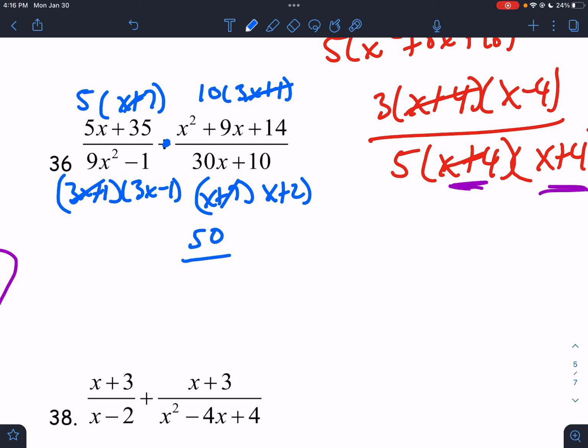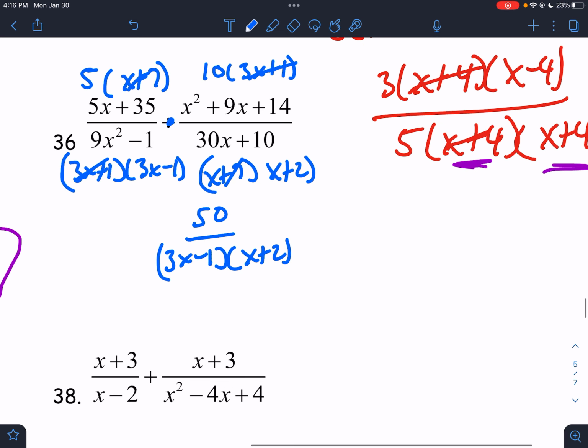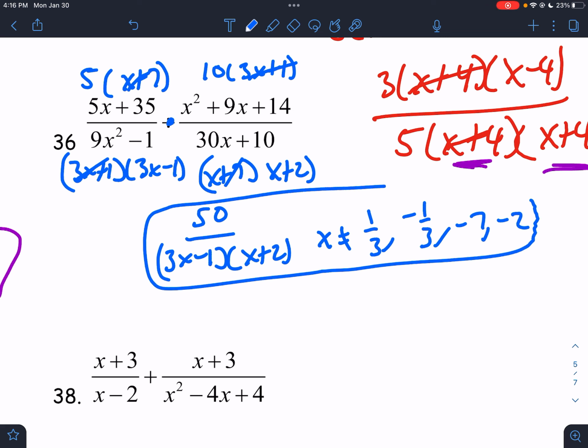And on bottom we have (3x minus 1) and (x plus 2). I don't see any big issues there. All right. So x cannot equal 1/3, negative 1/3, negative 7, or negative 2. Oh, yeah, okay. Those are all the numbers that can't be.